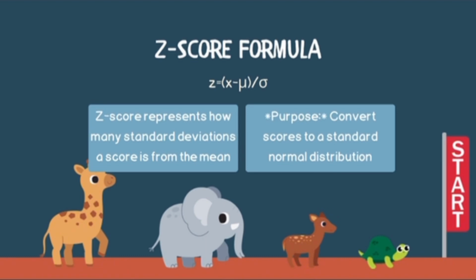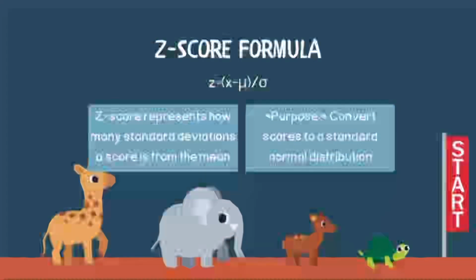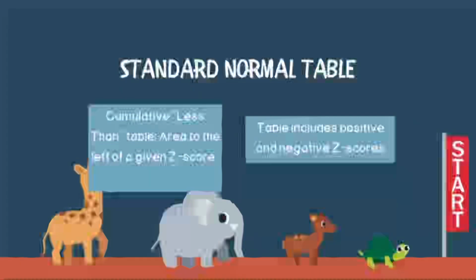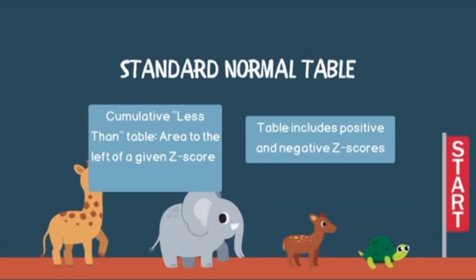The standard normal score, also known as the z-score or z-value, is the number of standard deviations a score is from the mean. The standard normal tables we will be using are the less than cumulative tables. They usually have the left tail of the distribution shaded and also have positive and negative parts.